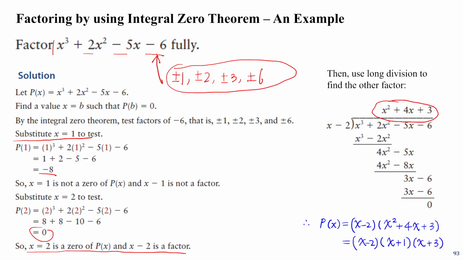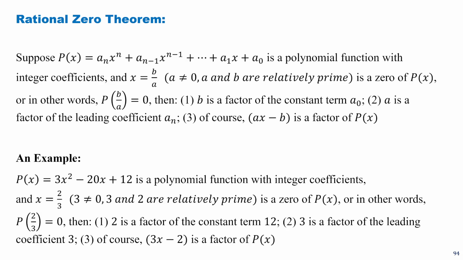Did you get it? Okay, so now the problem is if we have a leading coefficient not equal to 1, what can we do? We can use the other theorem to help us with that. So let's have a look at the other theorem, which is the rational zero theorem. So suppose p(x) equals an times x to the power of n, all the way to a1x plus a0. This is a polynomial function in a more general way, and an is not necessarily 1 this time.